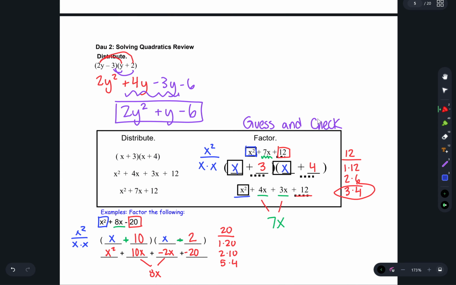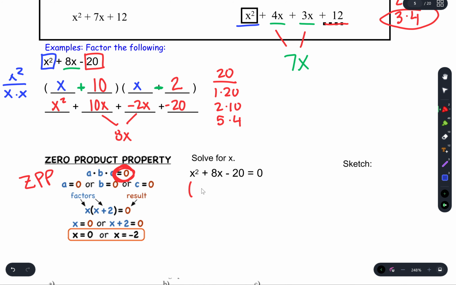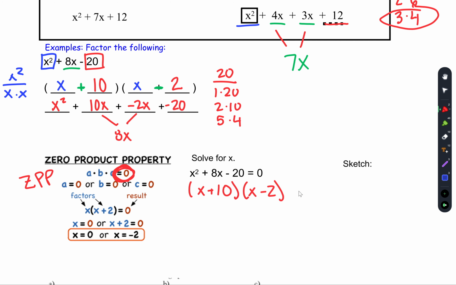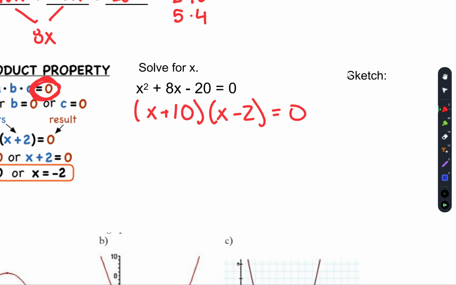are going to be, how did I get so far away? x plus 10 and x minus 2. I got that equals 0 in there because I need it for notation. And now I take each piece that contains an x and I set it equal to 0.